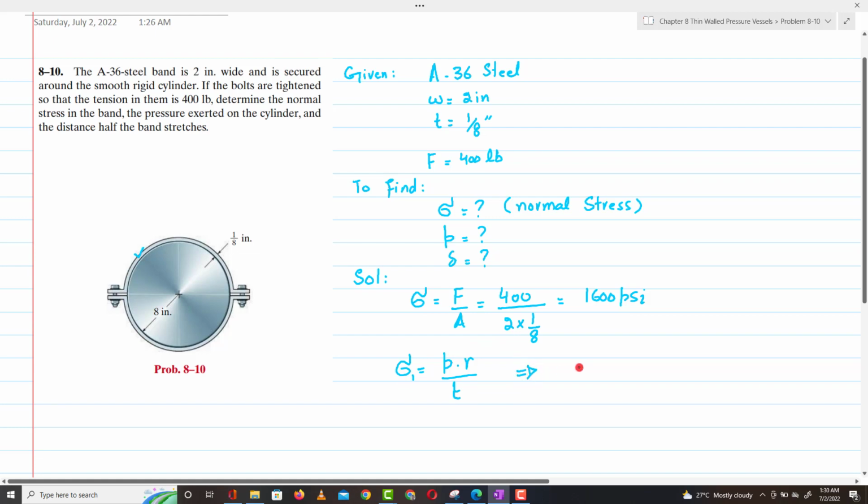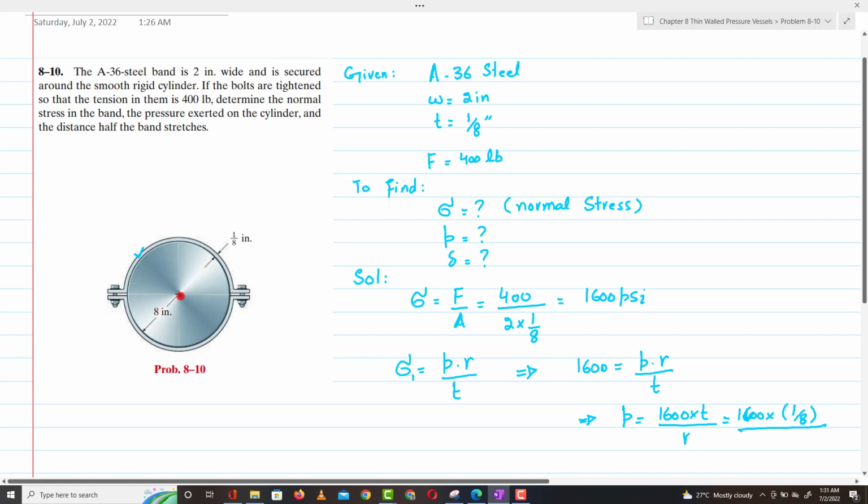So here 1600 psi is equal to P into R divided by T. So you can get P, the internal pressure, that is equal to 1600 into T divided by R. So 1600 multiplied by thickness, which is 1 by 8 inch, divided by R, the inner radius, which is 8 divided by 2, that will be equal to 4.